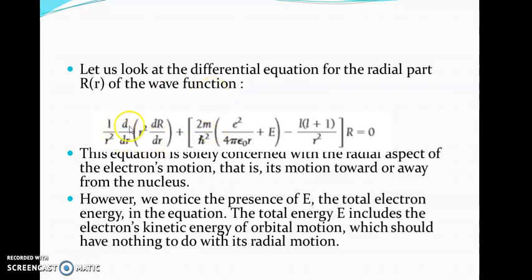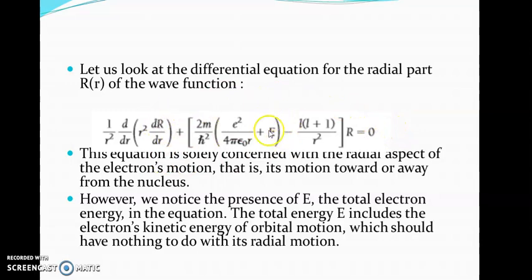The radial part of the wave function is given by the differential equation: 1/r² d/dr (r² dR/dr) + (2m/ħ²)[E + e²/(4πε₀r) − ħ²L(L+1)/(2mr²)]R = 0.